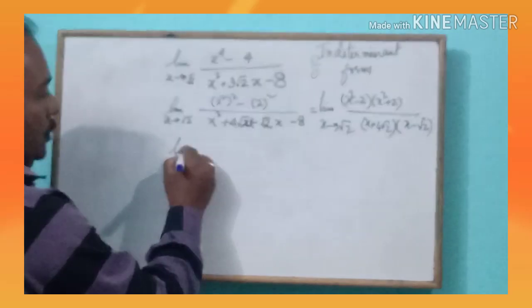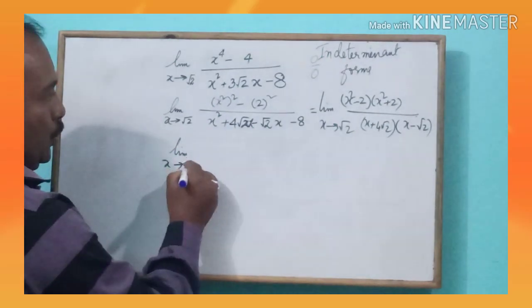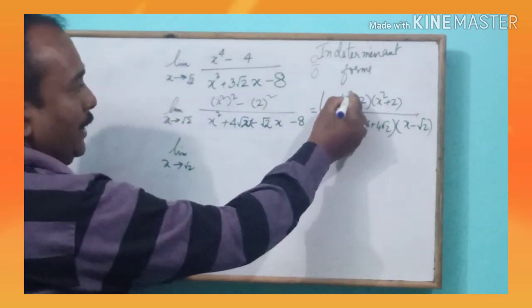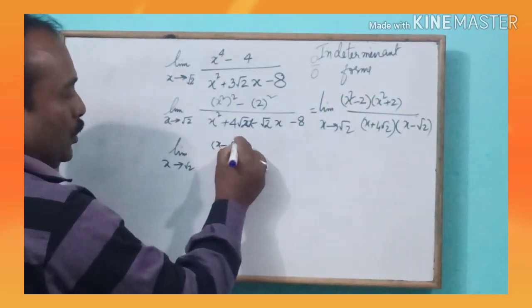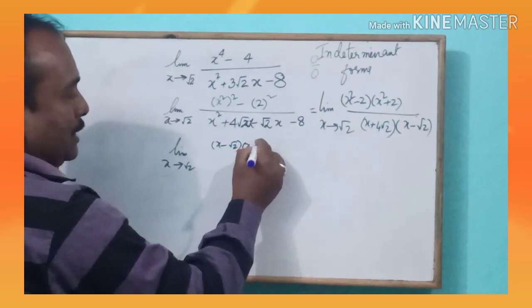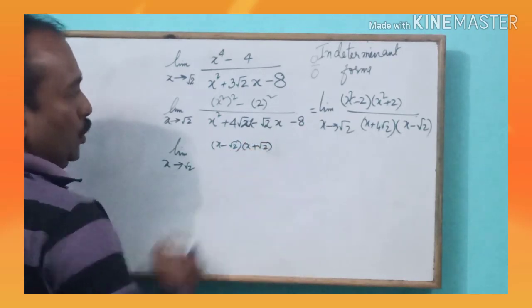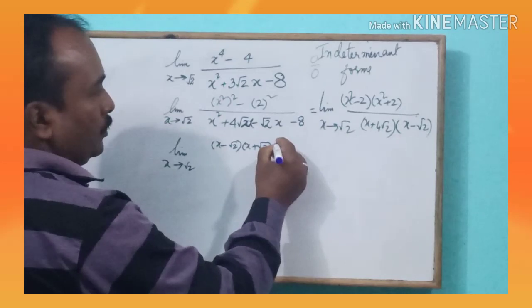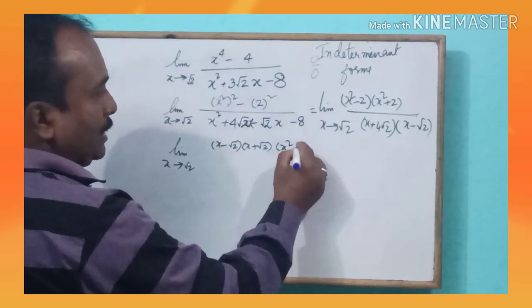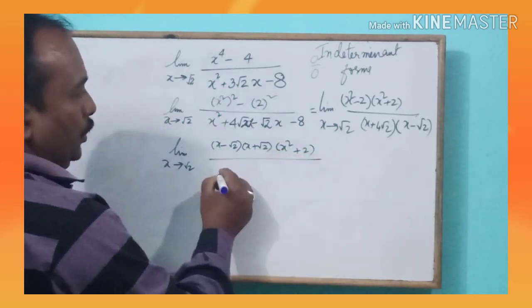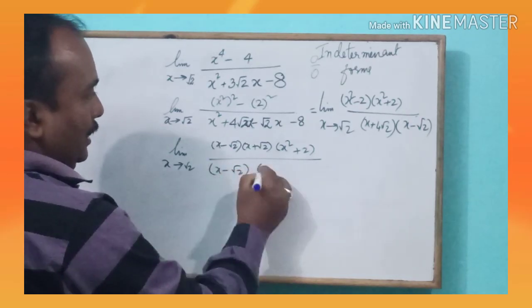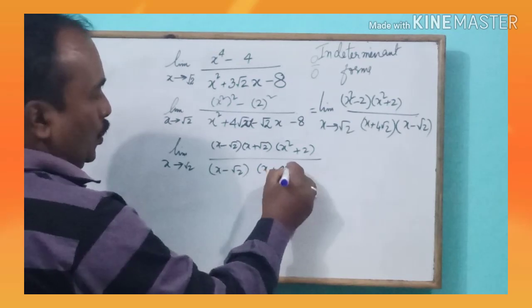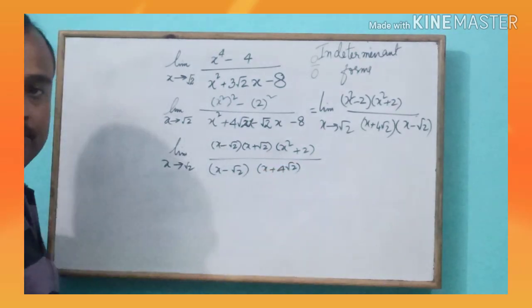So limit x tends to root 2. This can be again written as x square minus root 2 whole square, so this is (x minus root 2)(x plus root 2), then (x square plus 2). Below it is (x minus root 2)(x plus 4 root 2).